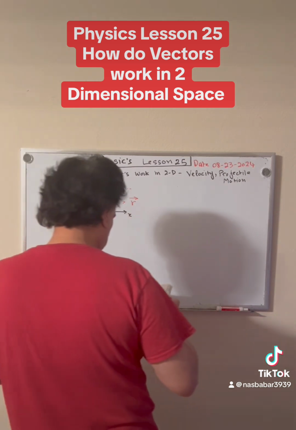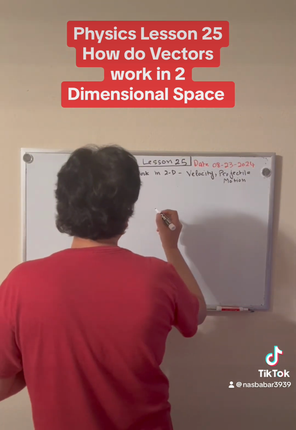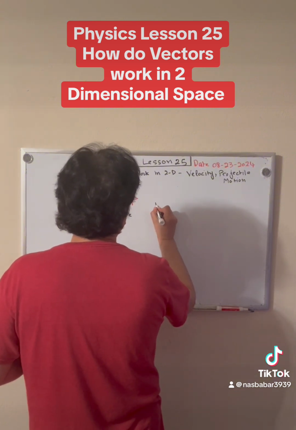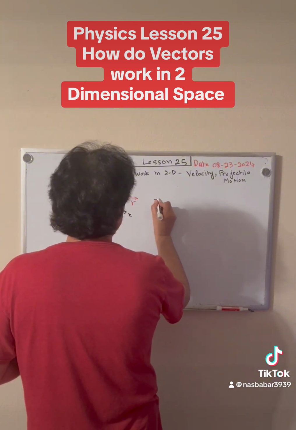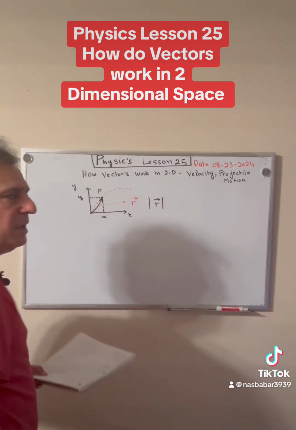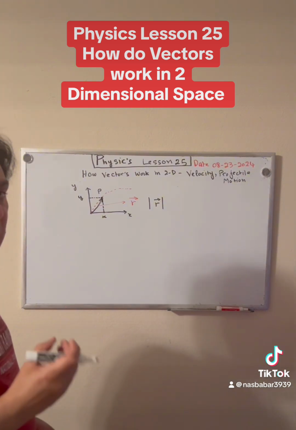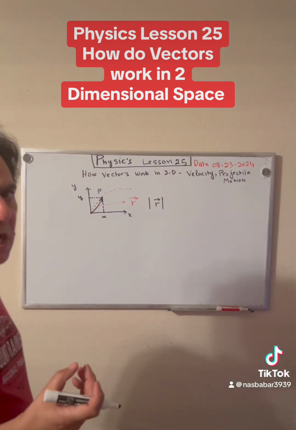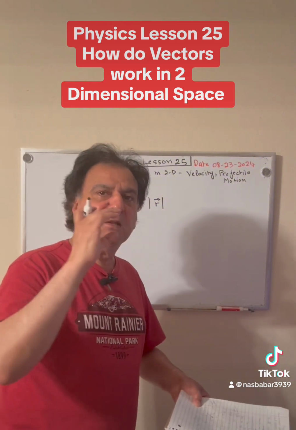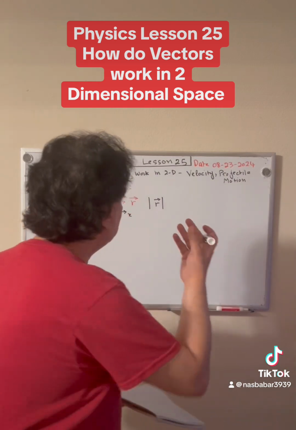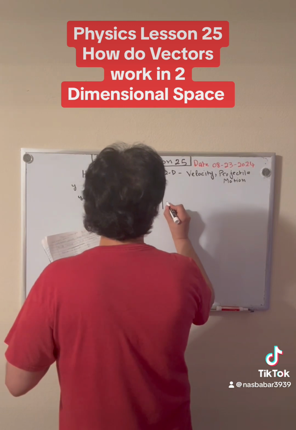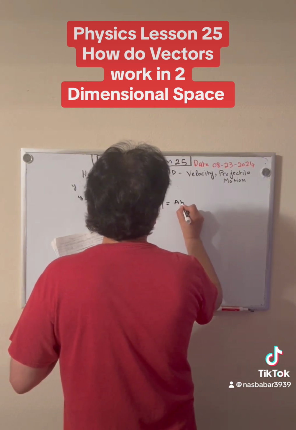So if I ask you to find the absolute value of the resultant, if you recall from my lecture in algebra, absolute values are indicated like this. That means I'm just finding the magnitude. I don't care if the vector is negative or positive, I'm finding the magnitude, and absolute values are always positive. I'm going to write this down.